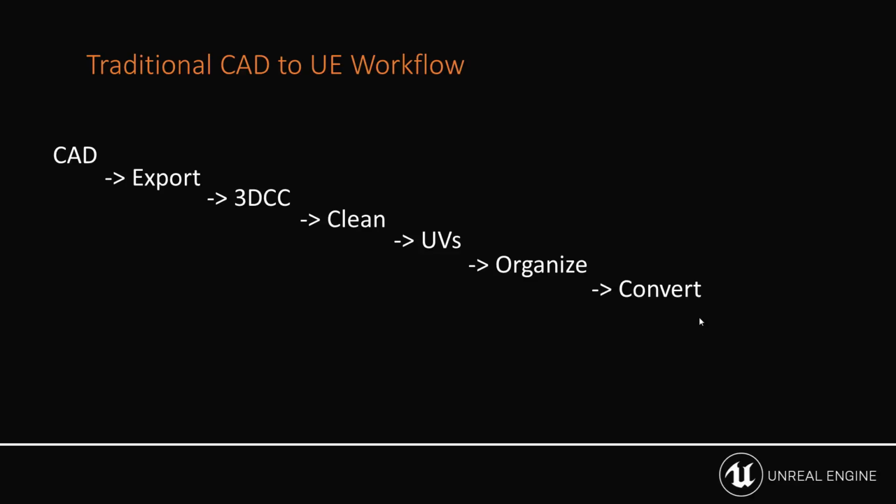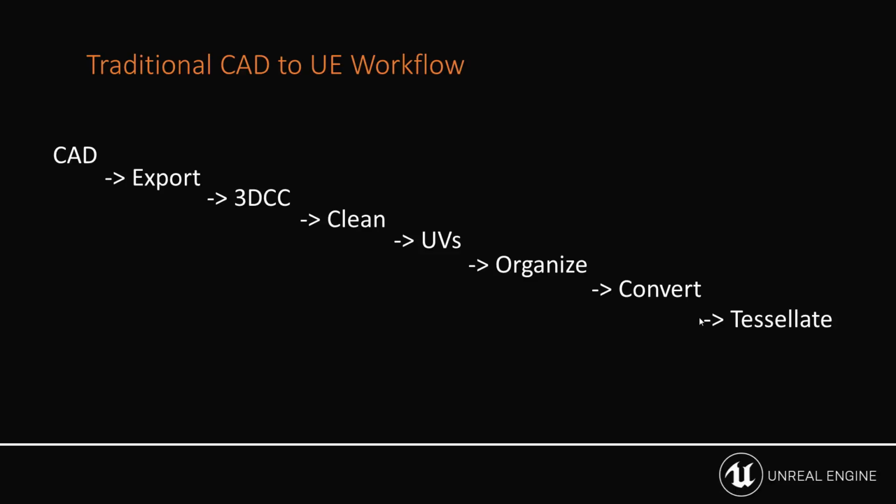And then converting this data. Once again, now you're in the 3D content creation package. We've gone through all this translation, this cleaning up, adding texture coordinates with UVs, organizing it. Now we want to get it out of there. We need to convert it into something that is game engine friendly, something that can go into that game engine and actually visualize it effectively.